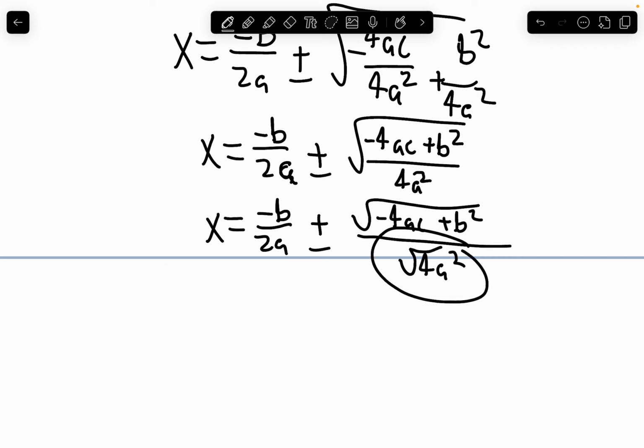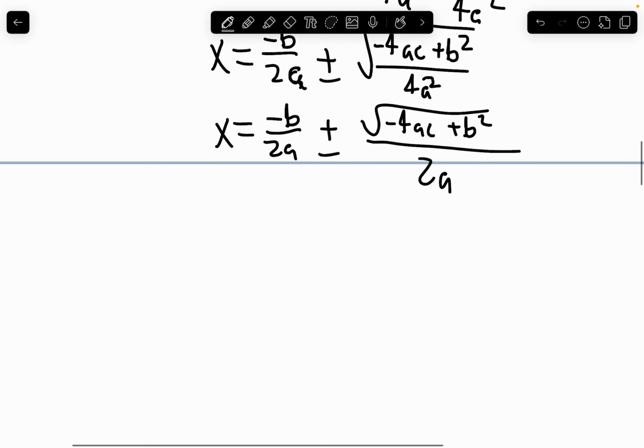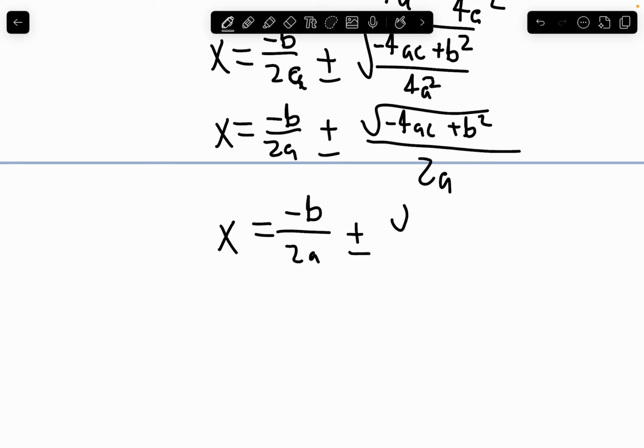This would be 2a, which leaves us with x is equal to the opposite of b over 2a plus or minus the square root of negative 4ac plus b squared over 2a.